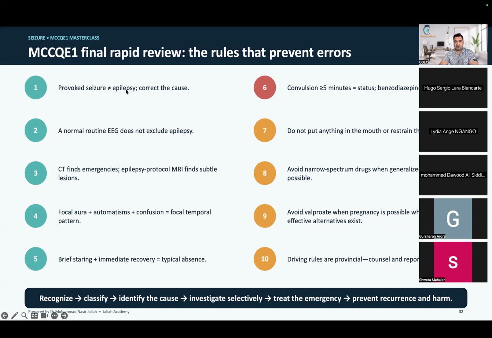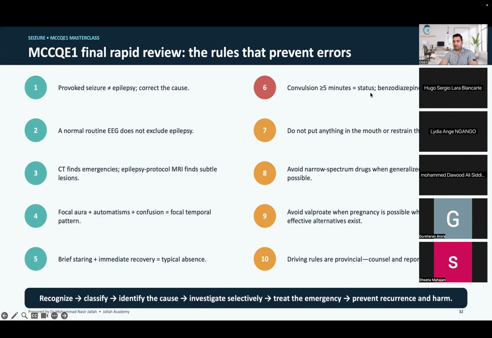Provoked seizure: correct the cause. A normal routine EEG does not exclude epilepsy. CT finds the emergency. Epilepsy protocol MRI finds the subtle lesion. Focal aura plus automatism, confusion, plus focal temporal pattern. Brief staring plus immediate recovery is typical absence: ethosuximide.